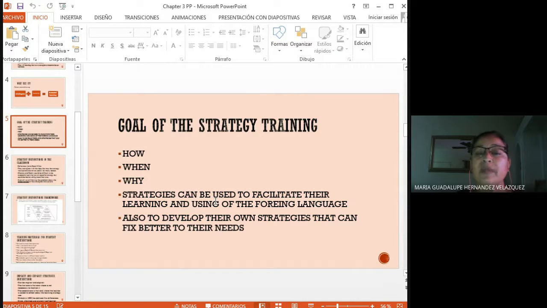Also to develop their own strategies that can fit their needs. As I told you before, sometimes they are going to develop the strategies, and sometimes they are going to use strategies even if they don't notice that they are using a strategy. They don't even know the name of the strategy. But okay, we are going to review that a little bit more.